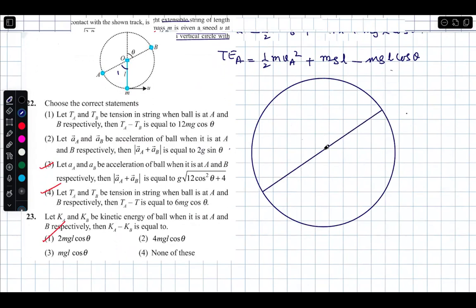This is your diameter. And this is angle theta, this is angle theta.